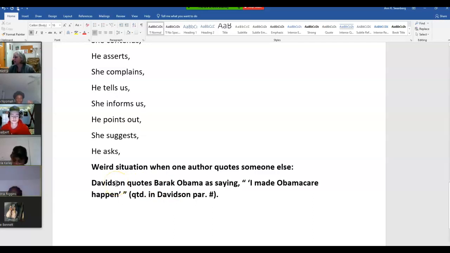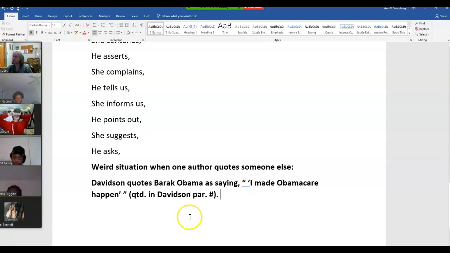Make sure that this part tells your reader what's going on. If it's complicated, you might do it in 2 sentences. Like Davidson quotes Barack Obama talking about the monuments, period.